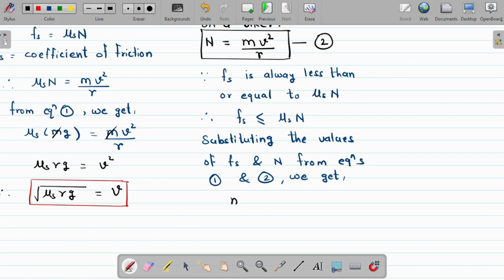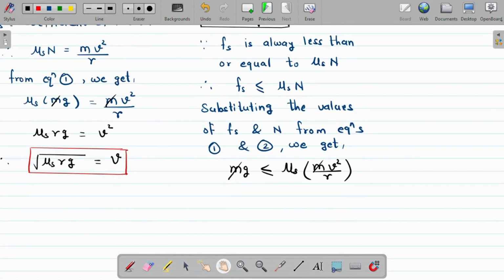So we'll write mg, which is less than or equal to mu s, which represents the coefficient of friction, and N is mv square by r. So here we see m gets cancelled, so it remains rg, which is less than or equal to mu s times v square, or rg by mu s is less than or equal to v square.